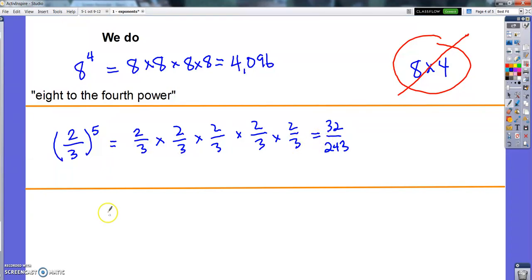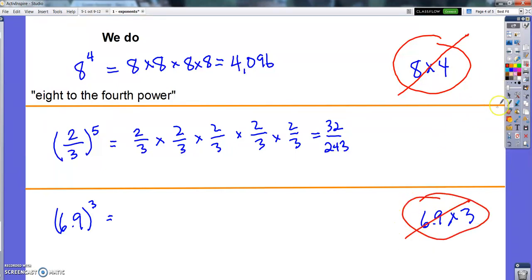32/243. And last but not least, let's do a decimal. Decimals get out of hand pretty fast, so I'll try to keep it small. Let's do 6 9/10 to the third power. That is not 6 9/10 times 3. Somebody's going to do it at some point, but it's not.